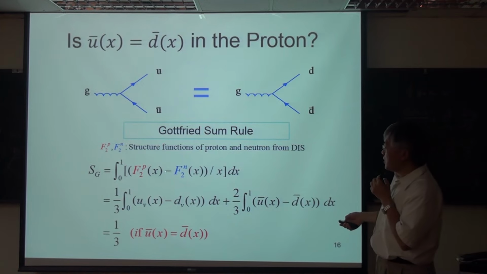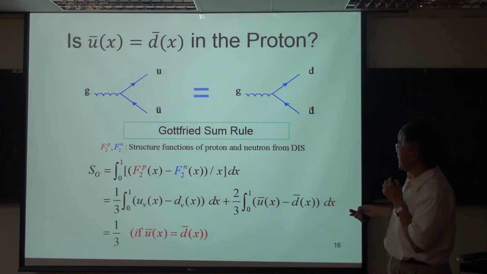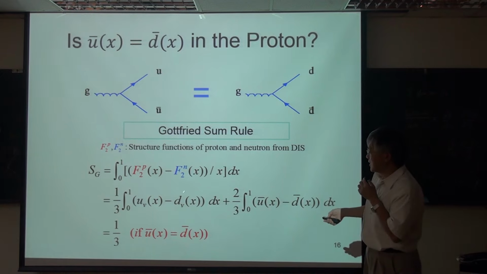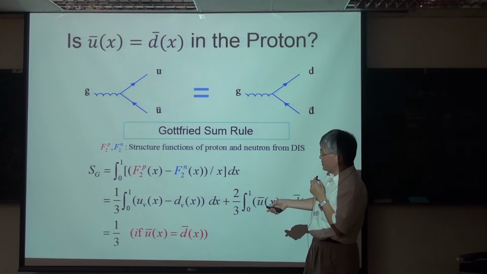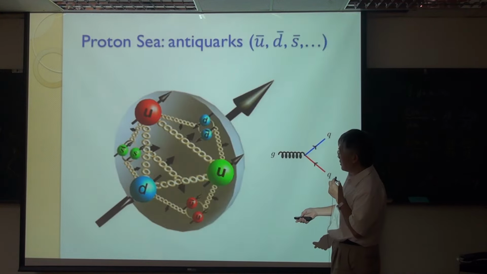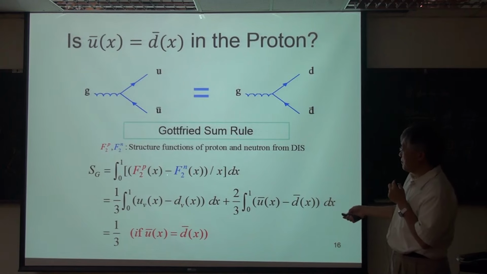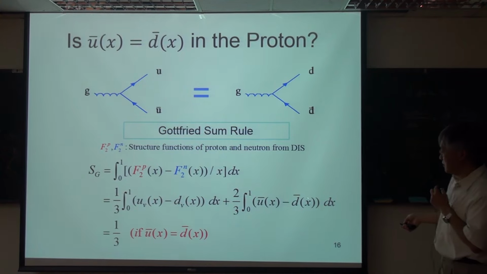That means if you measure the structure function of the proton and subtract the structure function of the neutron, I didn't show it, but if you trust me, you can divide this difference into the contribution from the valence quark term and the sea quark term.